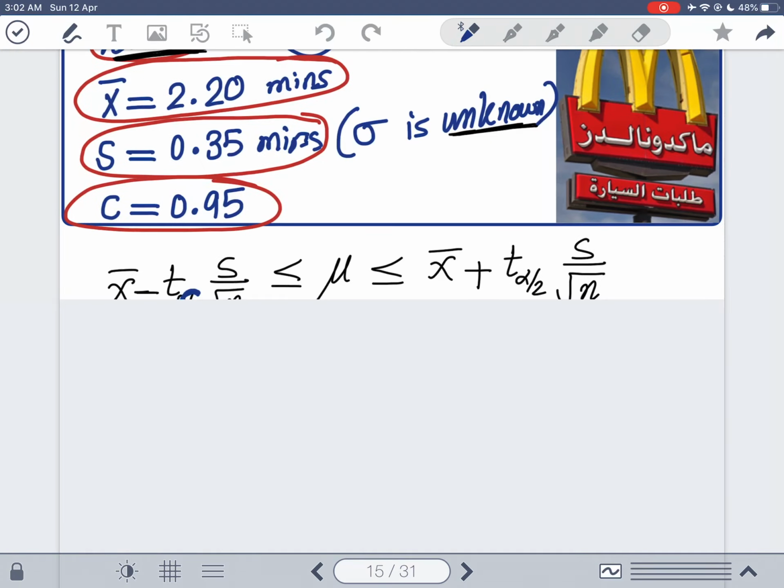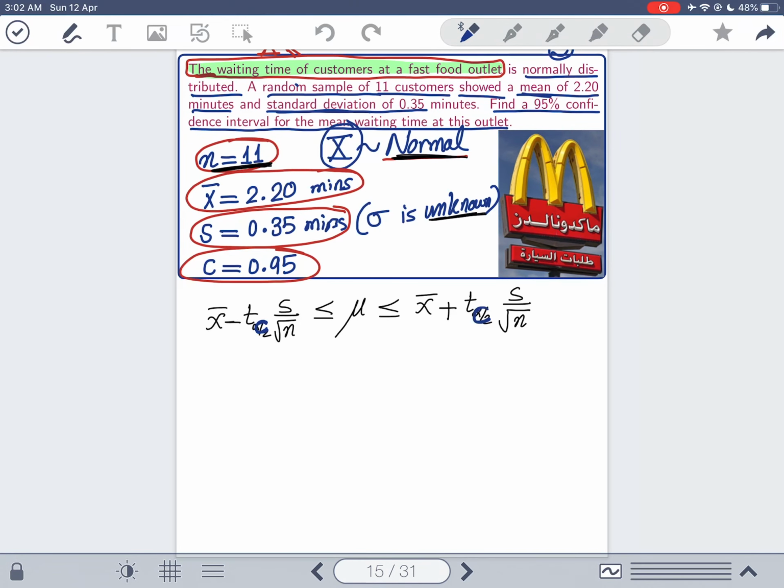Instead of t sub alpha over 2, you'll put c. Okay? So now let's see. We have x bar, we have s, and we have n. All are given. So the only thing that we don't know is this t sub alpha over 2. But notice, I have the confidence level and I have the sample size. So you can say, let's compute now t sub alpha over 2 or t sub c computation.